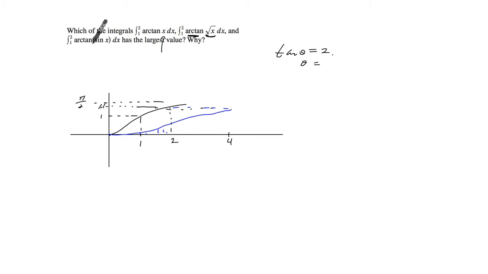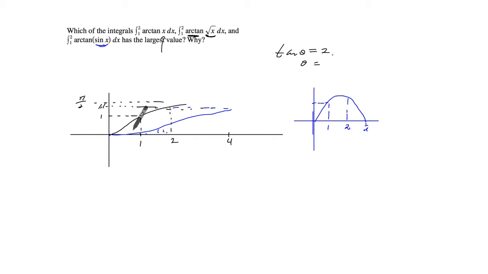Okay, this one is even more tricky. We have sine of x as an input into arctan. So let's draw the sine of x. Okay, so it looks like this. And we're only concerned about 1 to 2. So pi is roughly 3. So from 1 to 2, let's say. If we put 1, we're going to get a value that's less than 1.